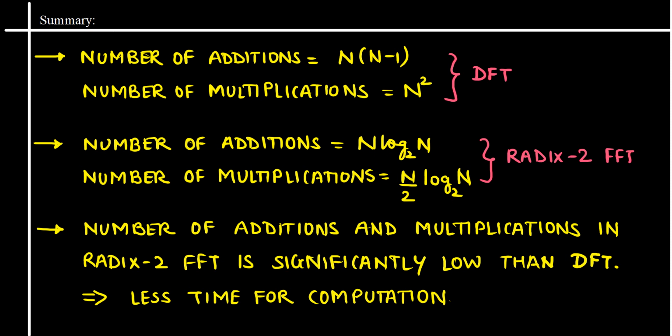We observe that the number of multiplications and additions for radix 2 FFT are significantly lower as compared to the normal DFT, and therefore the time required for computation of this algorithm is significantly less, and therefore it is actually a faster implementation of the DFT algorithm.